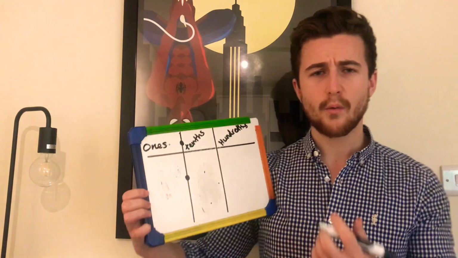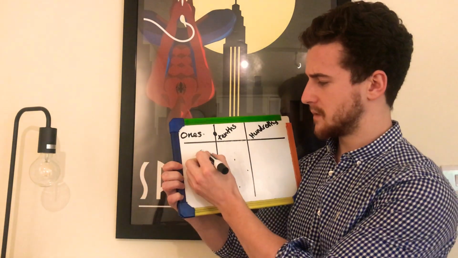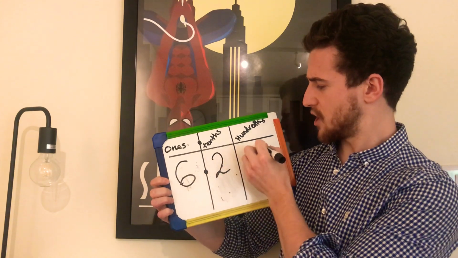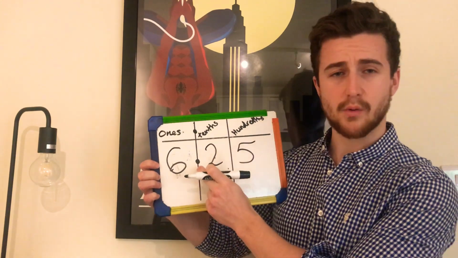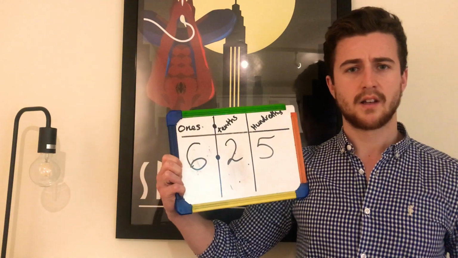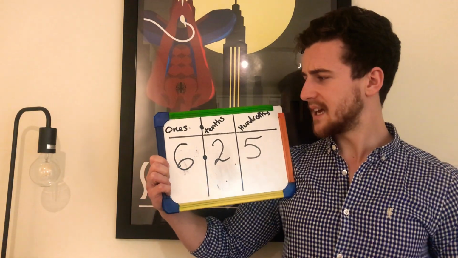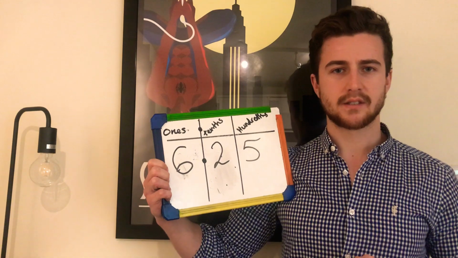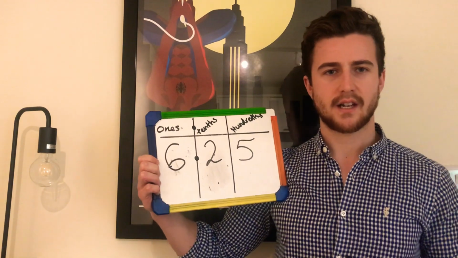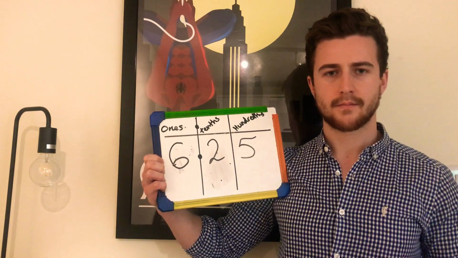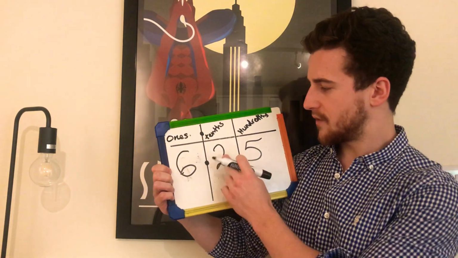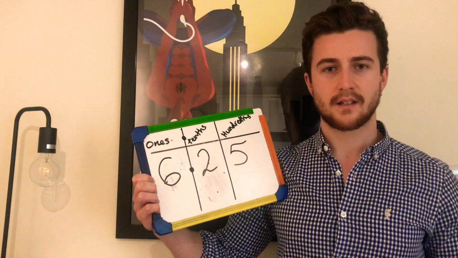So if I were to write down the number 6 wholes, 0.25, make sure remember that's where our decimal point is, 6.25, how many tenths have I got? How many hundredths have I got? So we've got, in our tenths column, we've got 2 tenths.